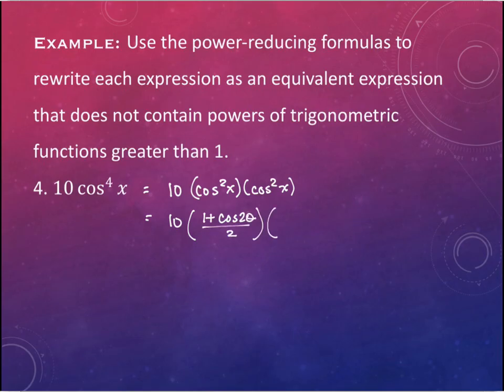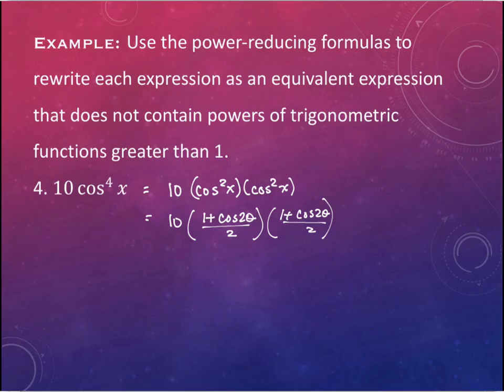And then I have another 1 plus cosine of 2 theta over 2. I've just replaced both of them. Now, I'm going to find out pretty quickly that this doesn't actually end the problem, because as I multiply these back together, I'm going to end up with a power of 2 still. It's okay, but just sort of be aware of that. Just because you've made one substitution doesn't mean that's the only substitution that you may need to make.